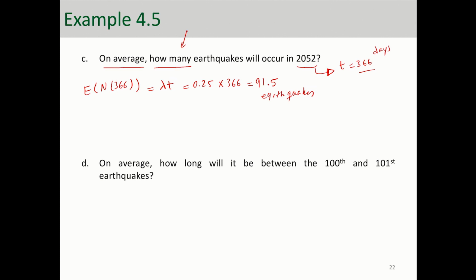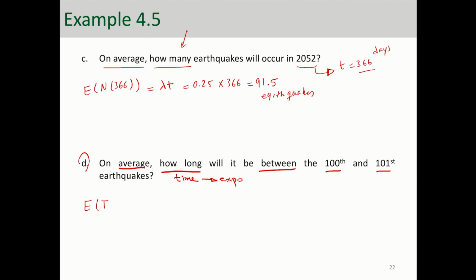On average, how long will it be between, so again, it's how long, so it's referring to a time, so that's why it's exponential. And obviously, you can see that it's a time between arrivals, the inter-arrival time, between the 100th and the 101st earthquakes. So the time between 2 consecutive arrivals obviously is exponential, and we want to know the expected value of that on average. So the expected value of time between arrivals.